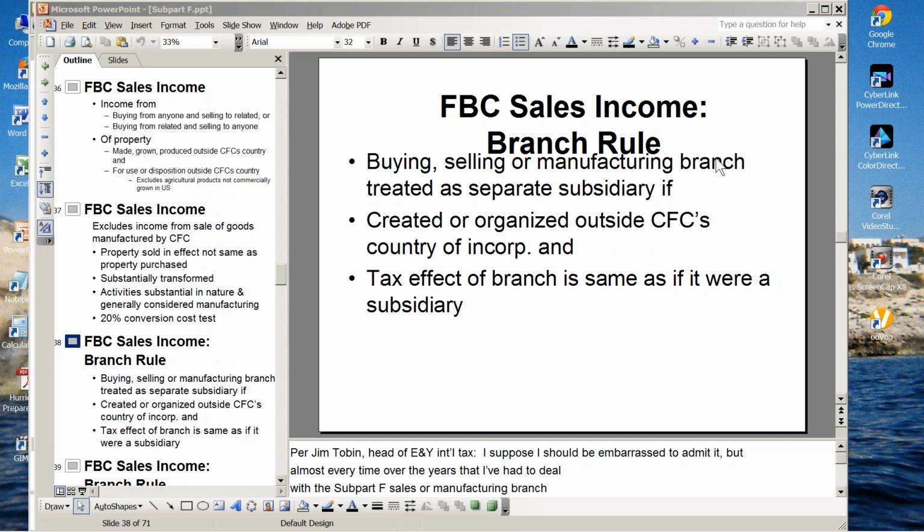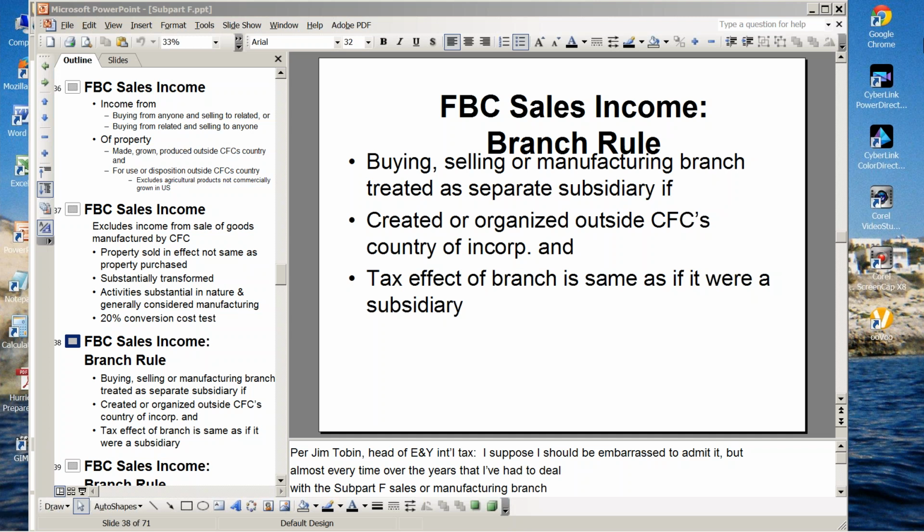So if we have a branch of our CFC, and the CFC and the branch are involved in buying and selling goods, or the CFC is making goods and selling them through the branch, or making them in the branch and selling them through the CFC, then we have a potential for this branch being treated as existing and as if it were a separate CFC.